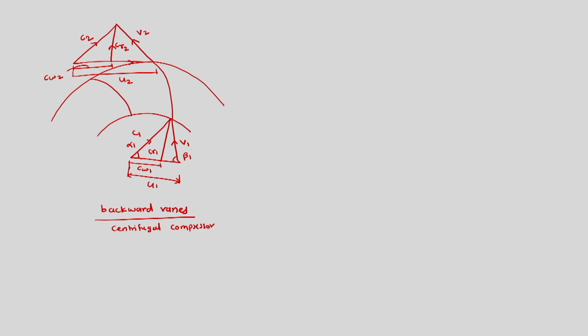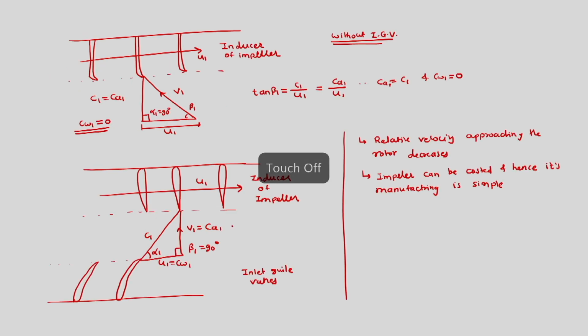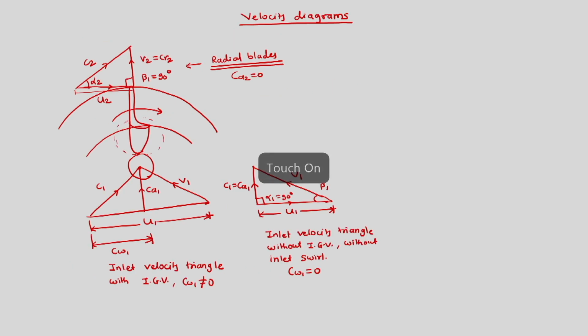Now here we can see that this is beta 2, this is alpha 2, and beta 2 is less than 90 degree, and this represents the central theme for backward facing vanes, where we have beta 2 less than 90 degree. If we go back and see, in case of radial we have beta 2 which is 90 degree.